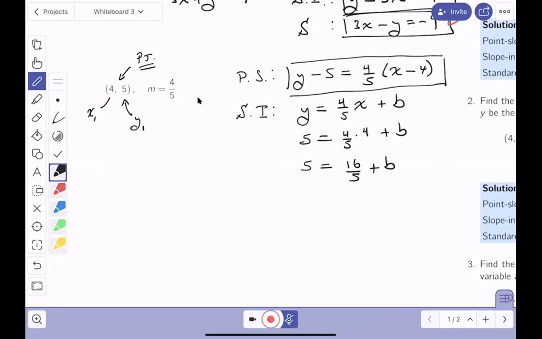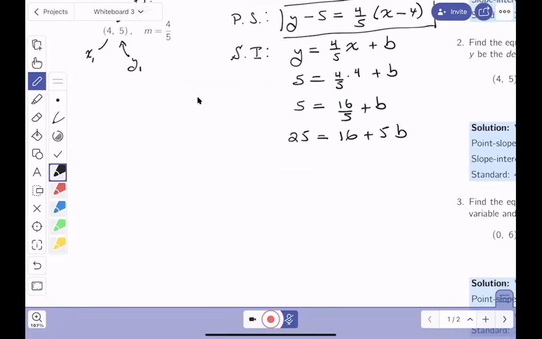I'm going to multiply both sides by 5. Whoa, this is getting really tough, isn't it? Then what am I going to do? I'm going to subtract 16 from both sides. What do you get? 9. Then what am I going to do? Divide both sides by 5, and I finally found b.